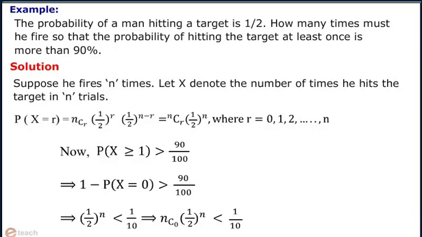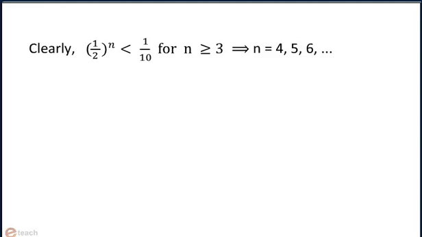So, nC0 into half to the power n is less than 1 by 10. Clearly, half to the power n is less than 1 by 10 for n greater than or equal to 4. That implies n can take the values 4, 5, 6 and so on. Thus, he must fire at least 4 times.